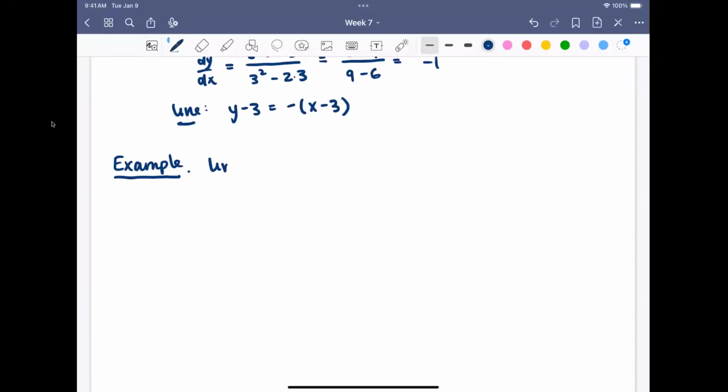Let's do the line tangent to this curve, sine of (x plus y) is equal to y squared cosine x, at the point (0, 0).